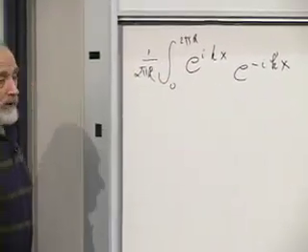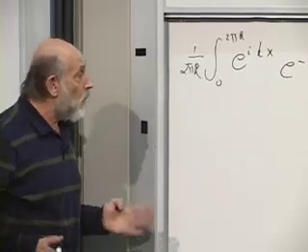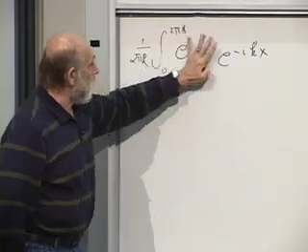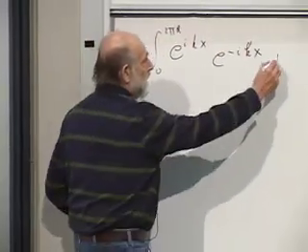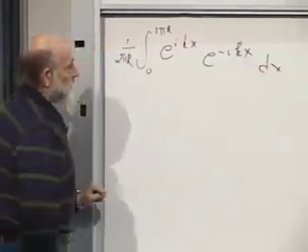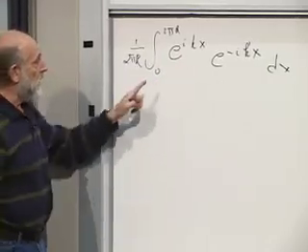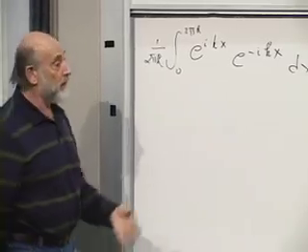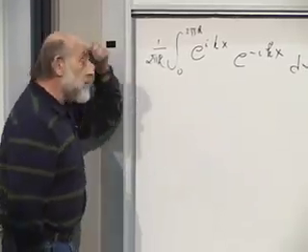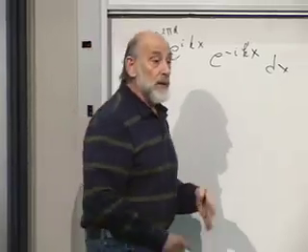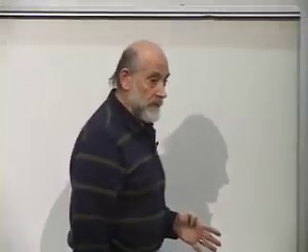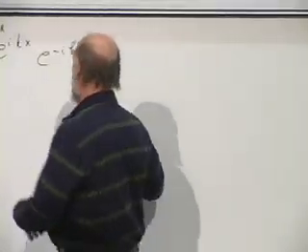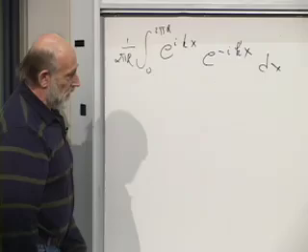We do this integral. It will be 1 if k is equal to k prime. That's obvious. If k is equal to k prime, then the exponential isn't there, this product is 1, and it's just the integral from 0 to 2 pi r divided by 2 pi r. That's 1. If k is not equal to k prime, then the integral is 0. Basically these things are made out of sines and cosines.